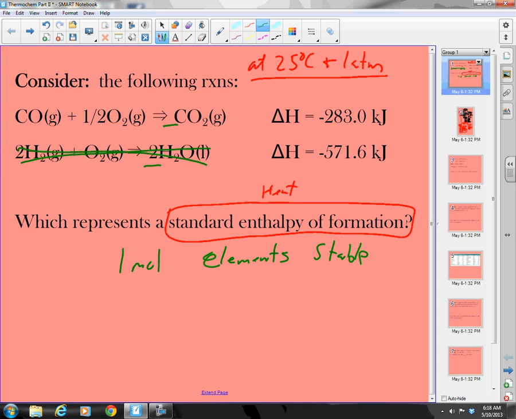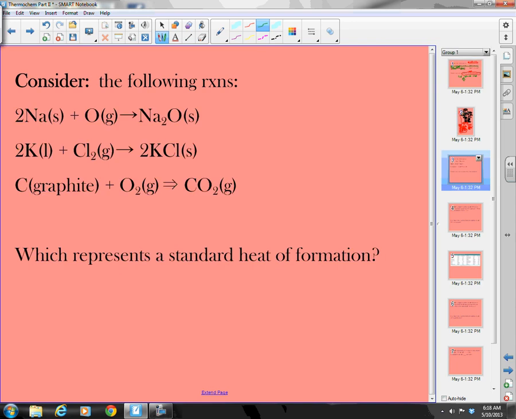Am I forming it from its elements? Well, here's oxygen. That's cool. Here's carbon dioxide or carbon monoxide. Is that an element? Nope. Yoink. Neither one. We have our answer here is the empty set, right? Good. Let's move on. You guys can understand this. You guys do these 3 and bring me back.